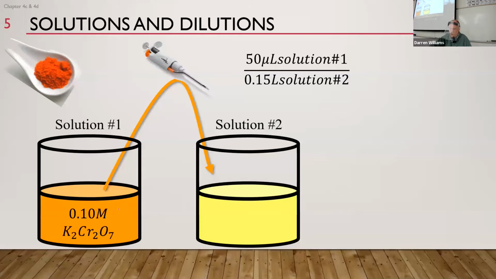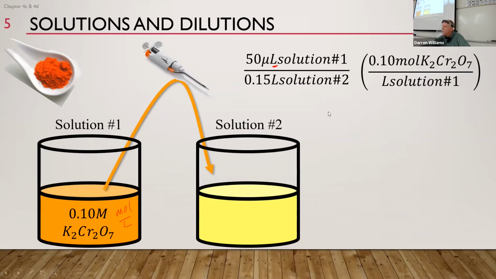So this is, again, moles per liter. So we can get rid of this liter right here and get into moles. So all we need to do is then just multiply that by the molarity. And then we also need to take into account, so this liter of solution 1 goes away.